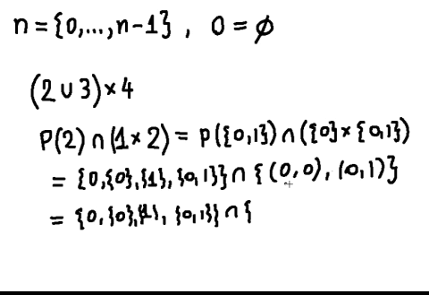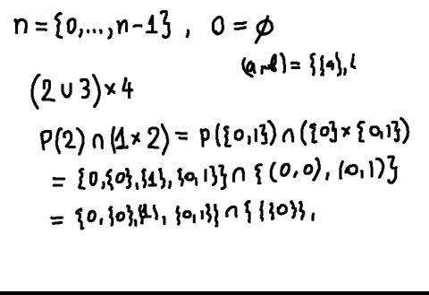So let's expand this further. The ordered pair 0, 0 is going to be, by the definition of ordered pair, this set. So let me remind you that. For general A and B, the ordered pair is defined as the set of singleton A and the set AB.